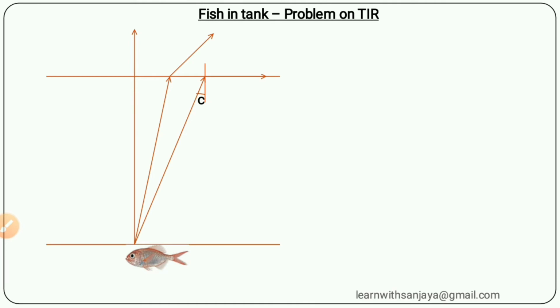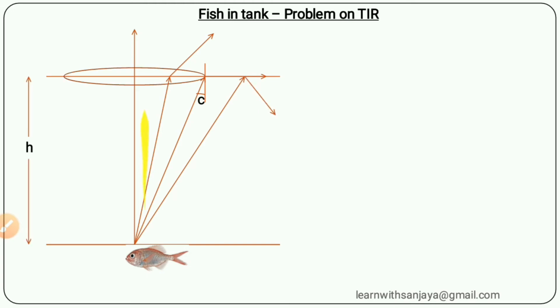That's why the surface of water will appear like a huge mirror to the fish. There will be a circular region through which the sky will be visible to the fish.